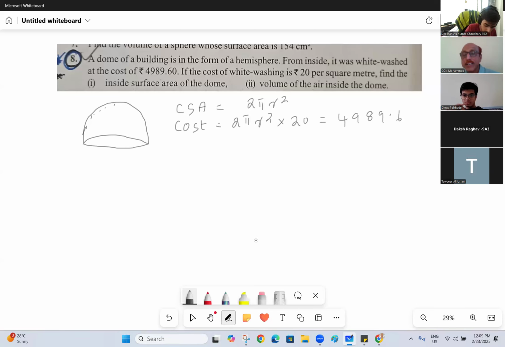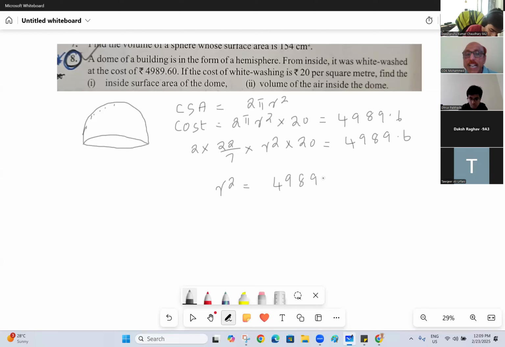That's equal to 4989.6. Clear? Can we round off here? No rounding off here. 2 into 22 by 7 into r square into 20 is equal to 4989.6. r square is equal to 4989.6 into 7 by 2 into 22 into 20.